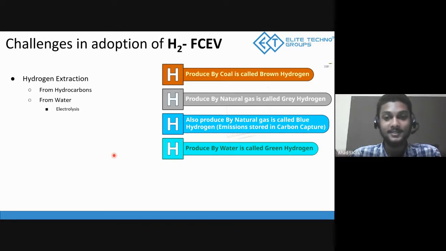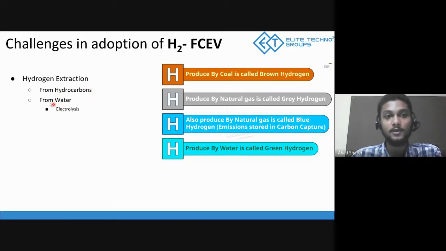You can see this is the completely opposite of what a fuel cell does. In a fuel cell we combine hydrogen and oxygen and generate electricity, and electrolysis passes electricity through water and separates the hydrogen and oxygen. So this is the electrolysis process we use to extract hydrogen.